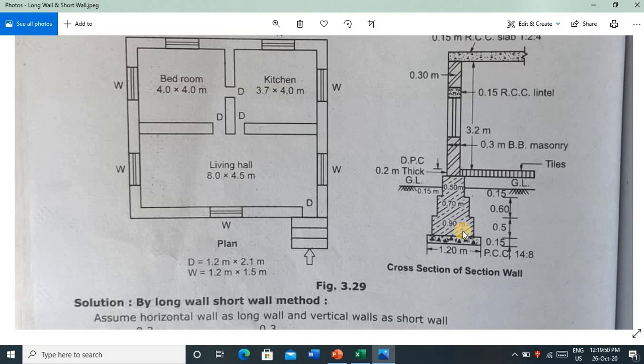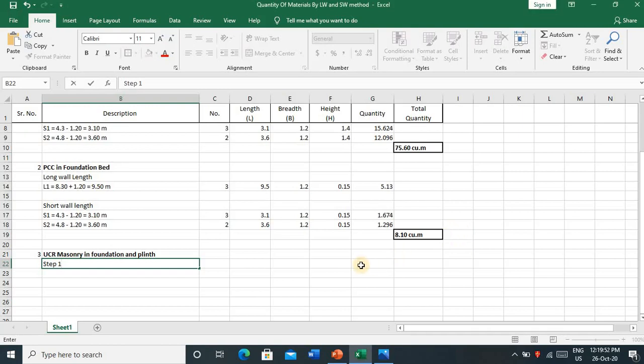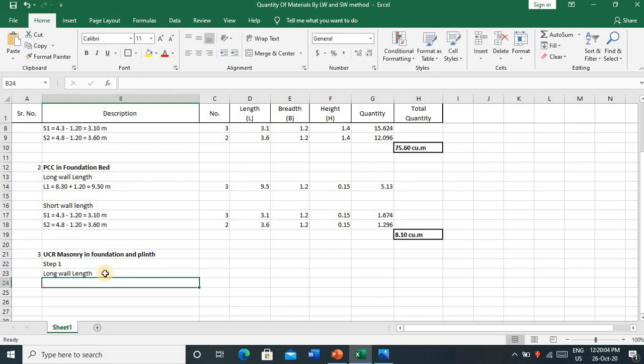First, for step 1, long wall length L1 equals, what was the long wall length? 8.30 plus the width of the footing.